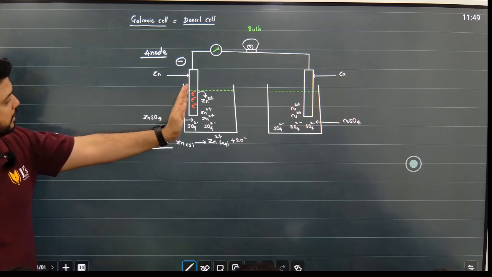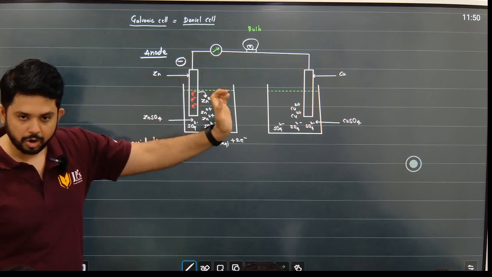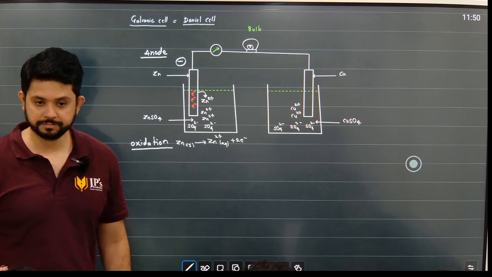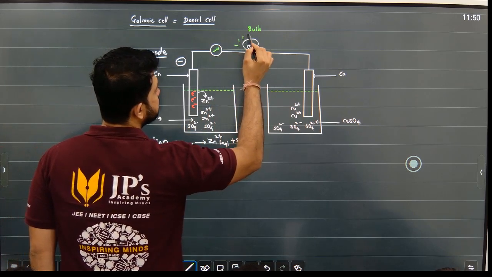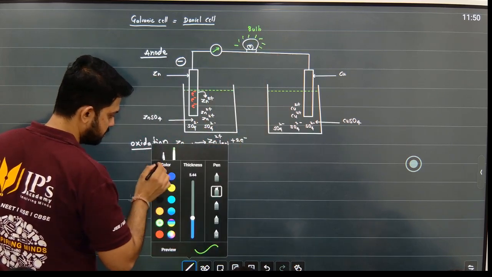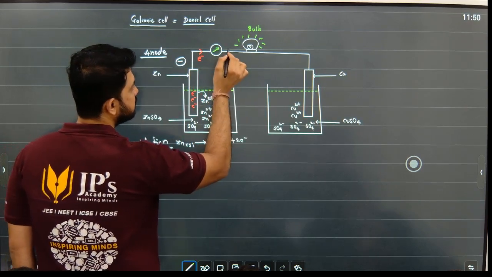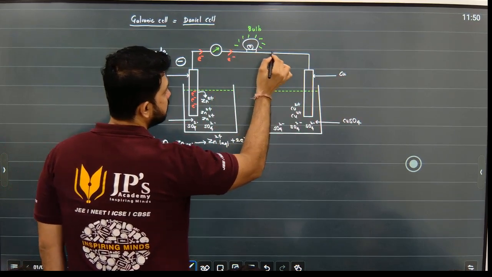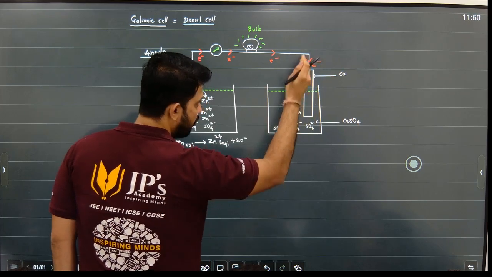Electrons, now they're connected to the external circuit. So here they get a wire, they start traveling. How do I know that the electrons are traveling? Excellent. The bulb starts glowing. So these electrons are now traveling through the external circuit. And now where are they present?